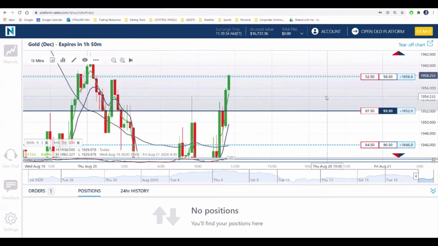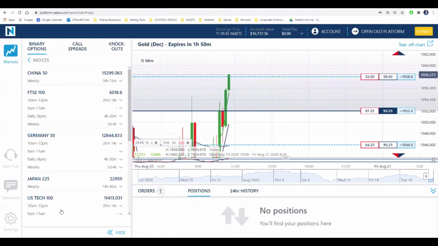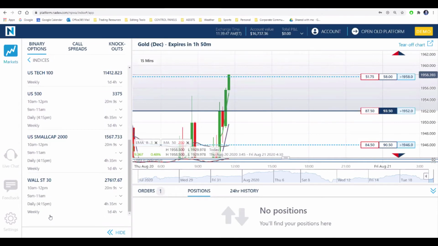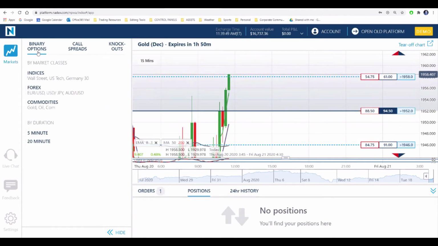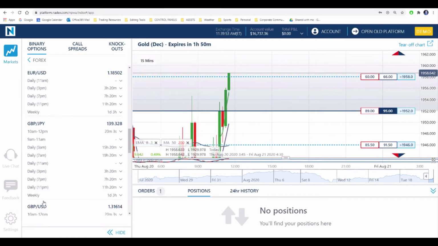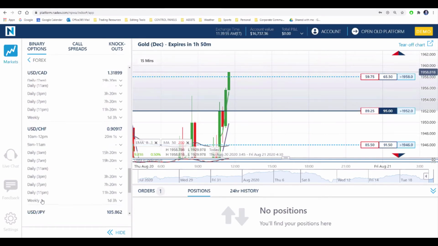As we talked about the indices, they were waffling. Gold, let's see. I was kind of bullish on the dollar franc. Let's see where that market is. Binary options, Forex, dollar franc.